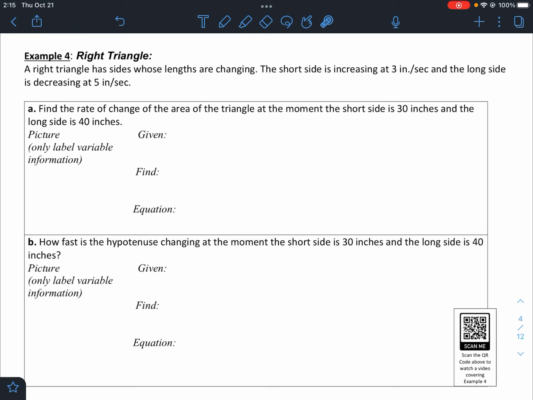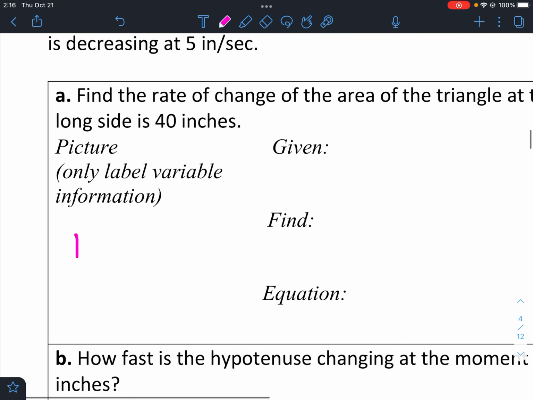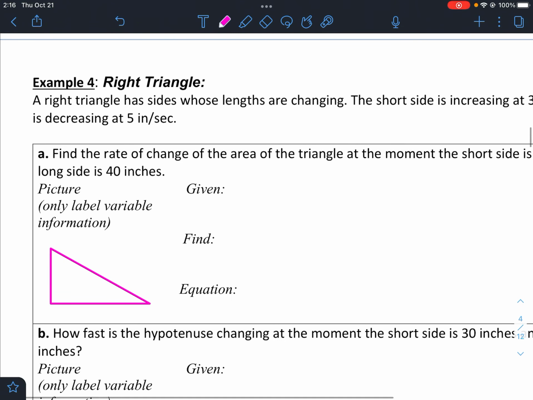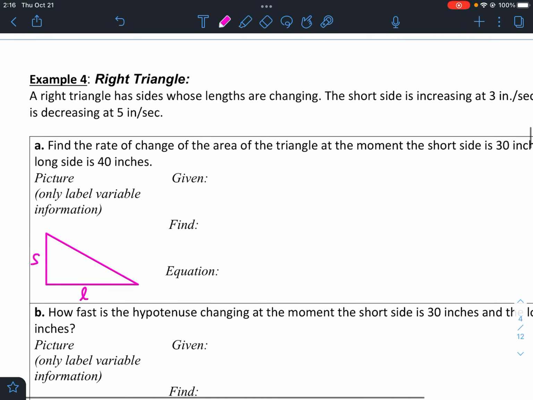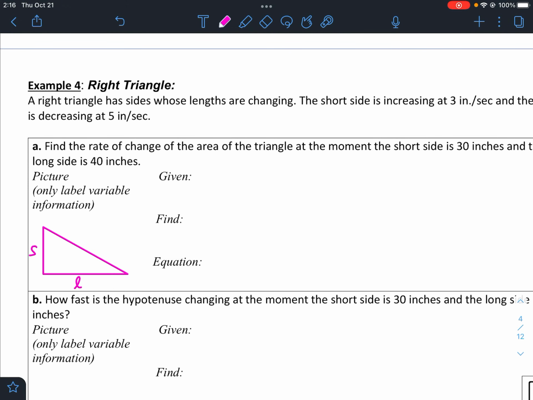All right, next example. A right triangle. A right triangle has sides whose lengths are changing. The short side is increasing at 3 inches per second, and the long side is decreasing at 5 inches per second. So here we have a right triangle. All right, we'll just call this the short side. We'll say S, and the long side we'll call L. What are we given?